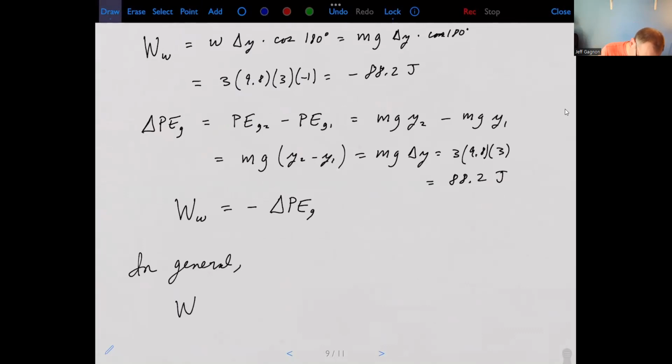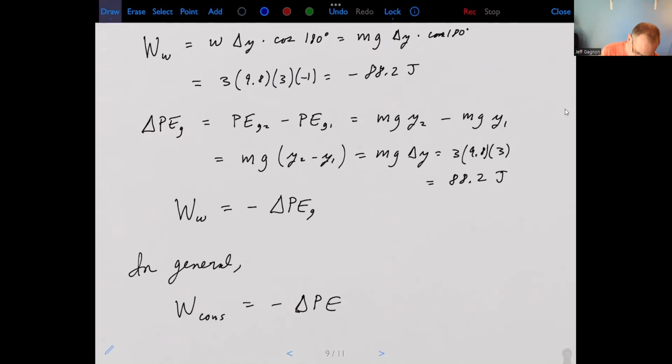In general, the work done by a conservative force is equal to minus the change in some potential energy. It may have a different name, but because in our case it was a gravitational force, it's a change in gravitational potential energy. The case that we're going to deal with in this class is really just gravity.